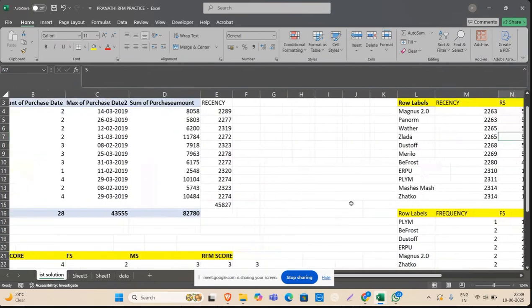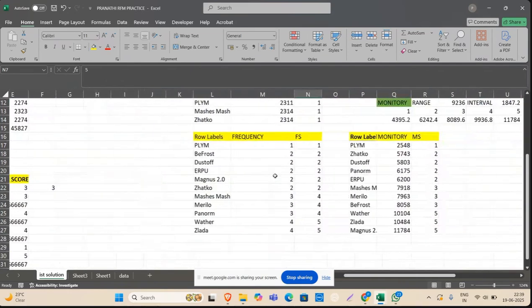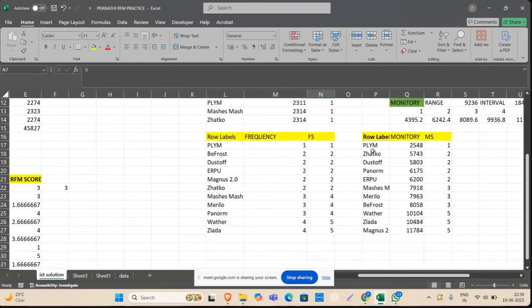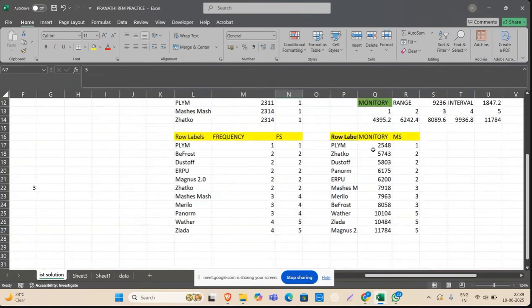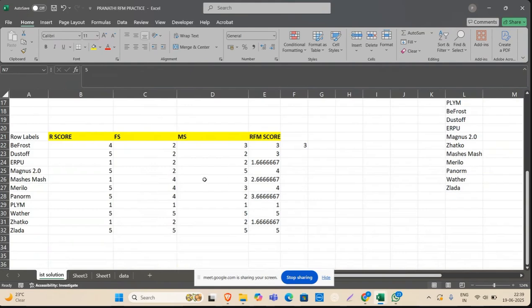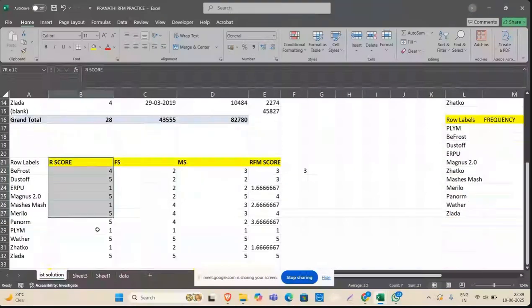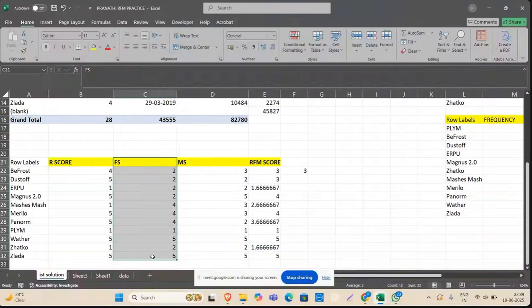So I did the recency score. The same I have to do for frequency: the same method, calculate range and interval, and then follow the same method for monetary as well. Repeat the steps. Whatever scores you got, you write here: the recency score, the frequency score, the monetary score.